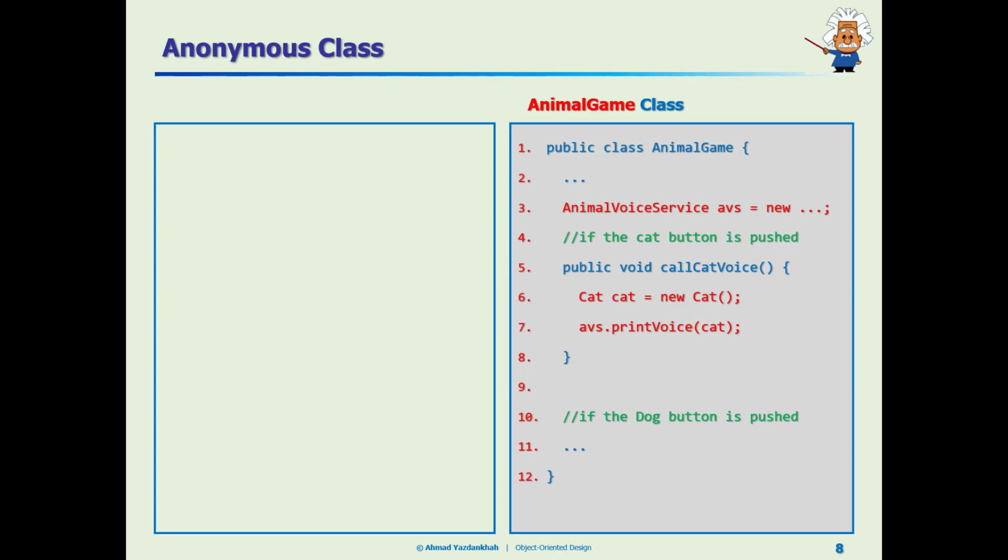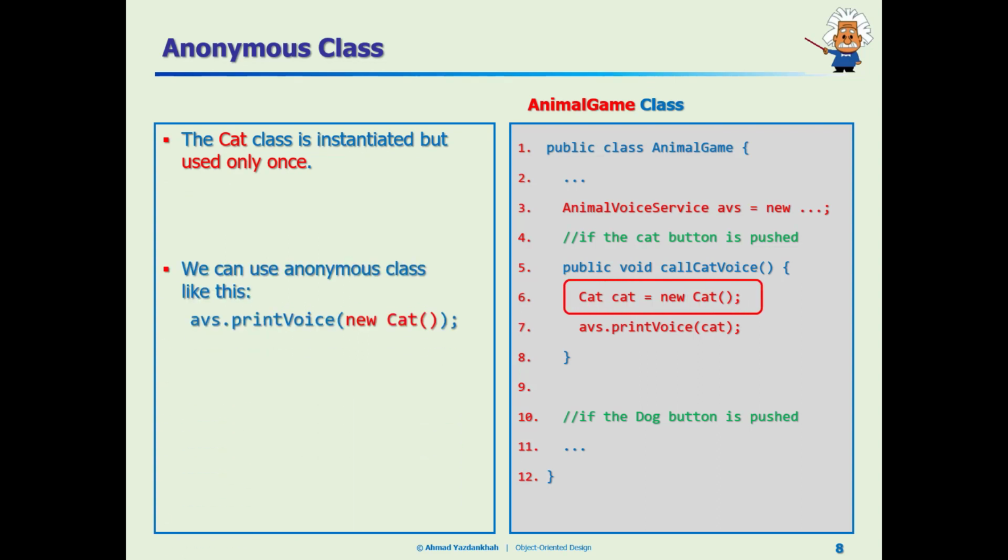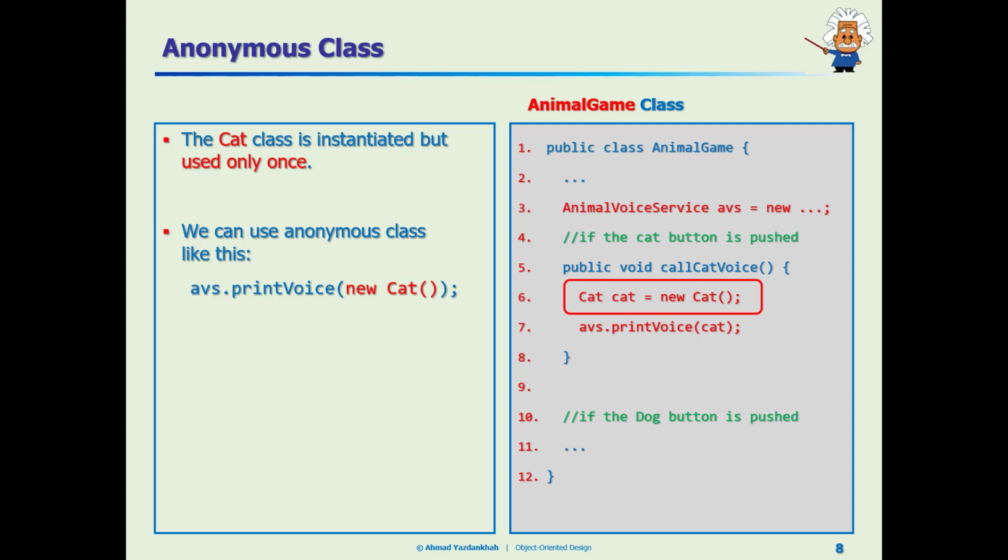As you see, the cat is being used just once. So can we use an anonymous class and pass it like this? Yeah, we can do that. We can remove this and not assign it to a variable, and just put it here as a new cat.